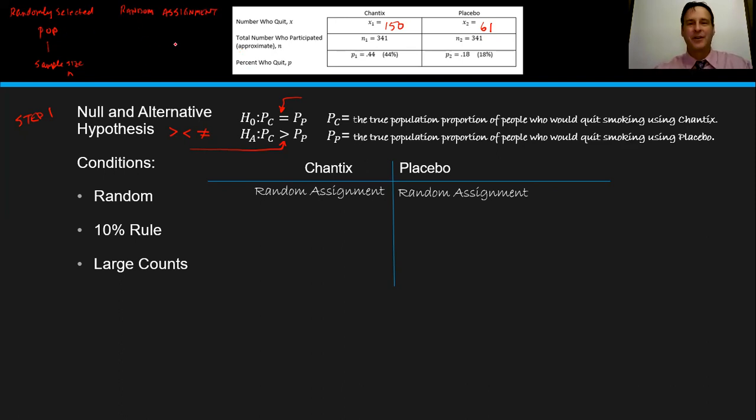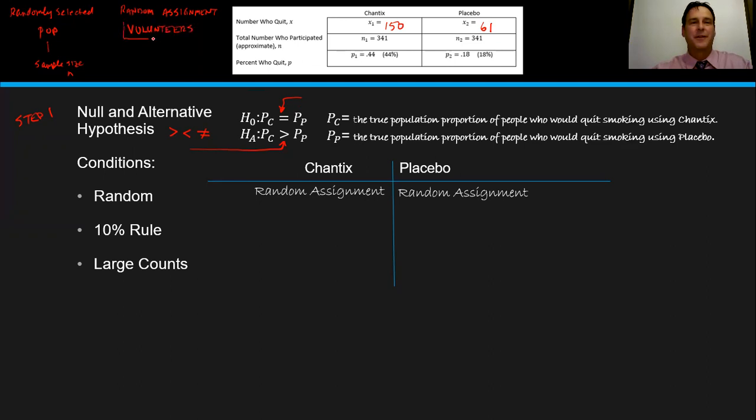Which I'm also writing on the top. The idea is this, at least in my opinion. Chances are your population here is all people who are smoking who want to quit. Were we able to take every single potential smoker who wanted to quit, put their names in a hat and pick out 1,023? It's just not possible to do that. There are too many people out there who smoke. However, we did take some volunteers.